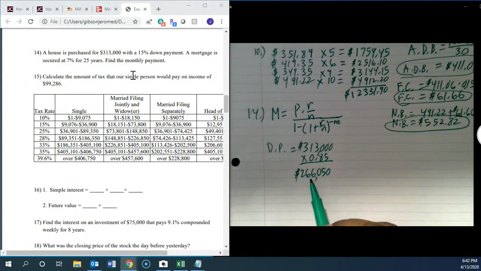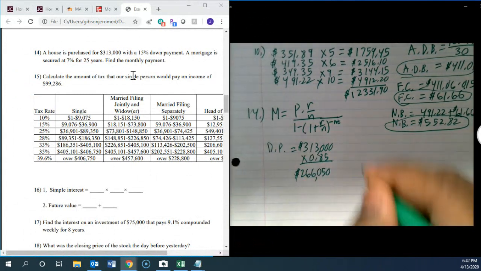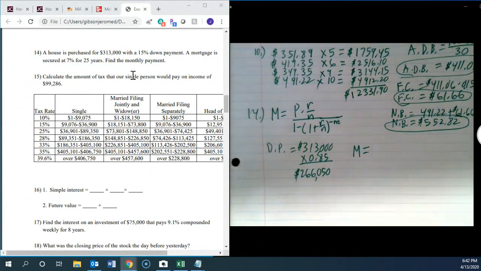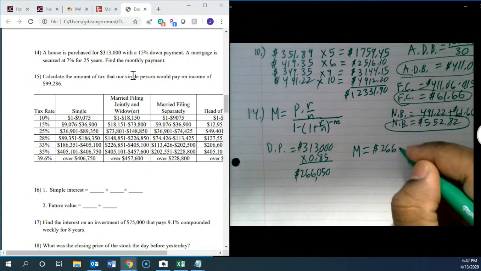Now that we have our principal, we can substitute into this formula. So now we can have M is equal to, the principal is this $266,050.